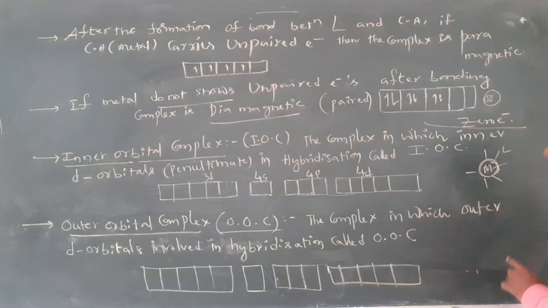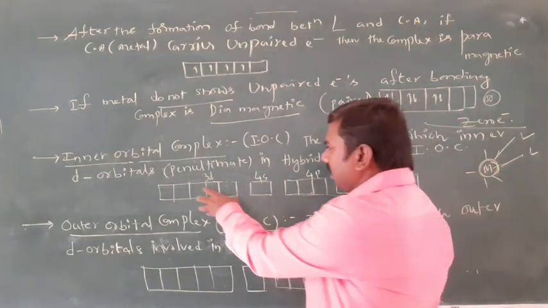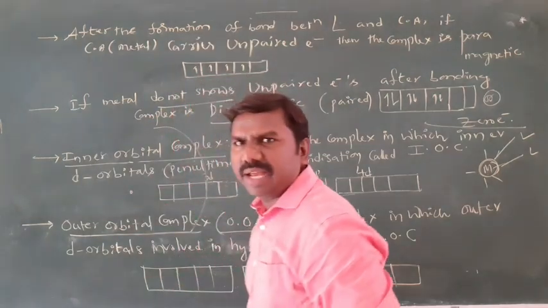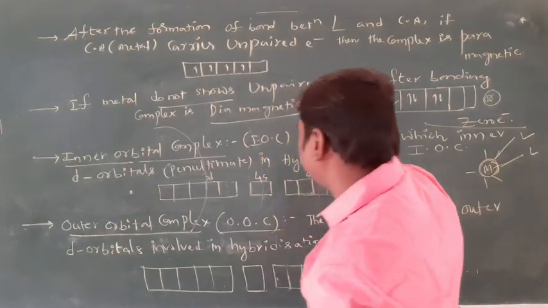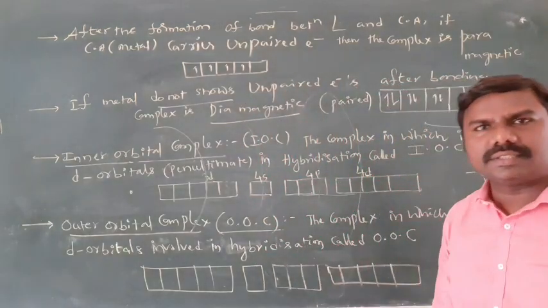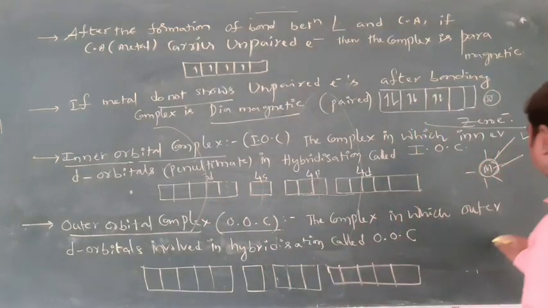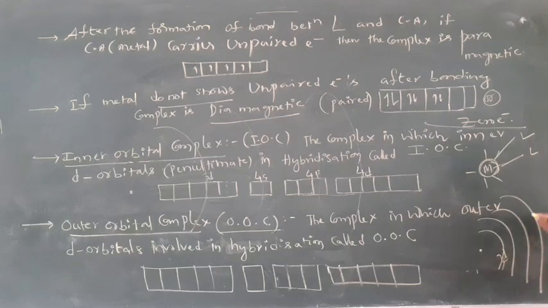So around that, ligands are there. Then these are inside d orbitals. Just imagine it is a nucleus, inside, next shell, next shell, next shell. Clear it is. Inside, these are outside d orbitals. So inside means 3d, 4s, 4p, 4d. 3d it is, 4d it is.